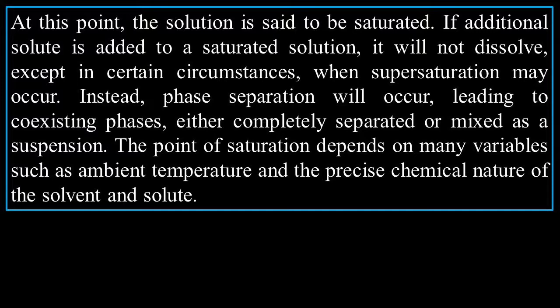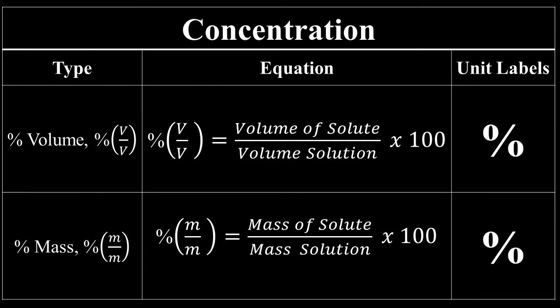The point of saturation depends on many variables such as ambient temperature and the precise chemical nature of the solvent and the solute, such as water has a nature. Here's concentration. There's percent volume, percent mass.